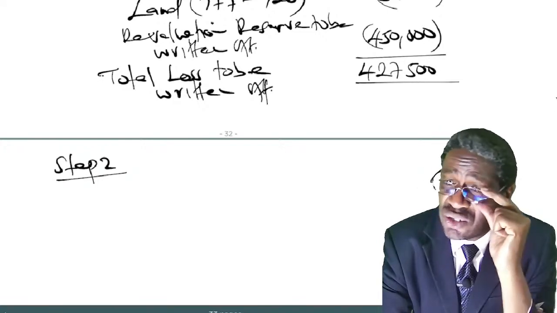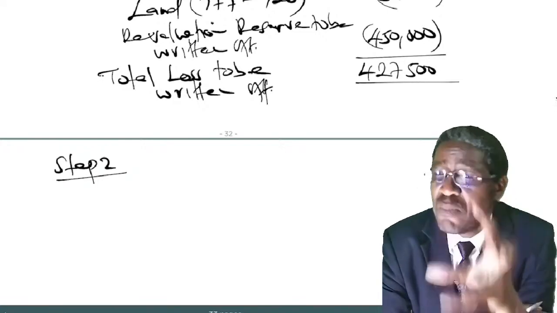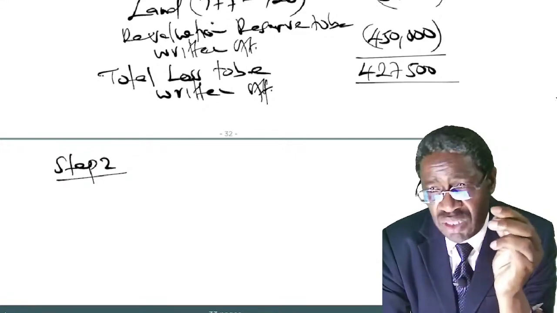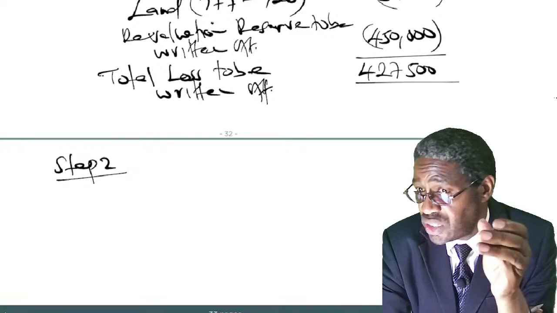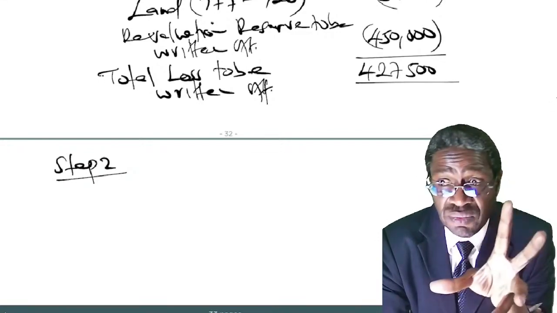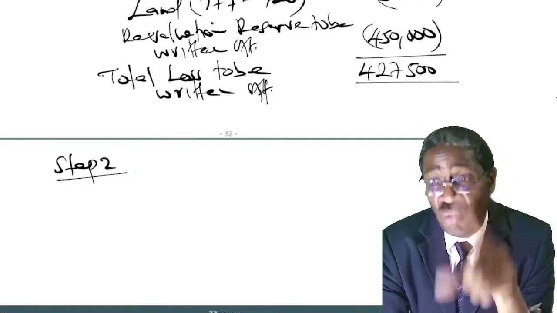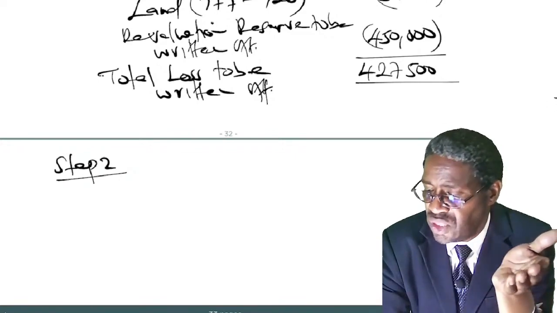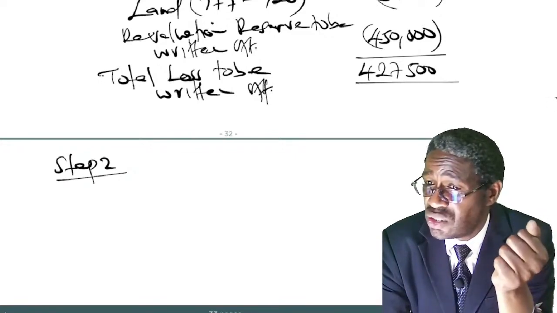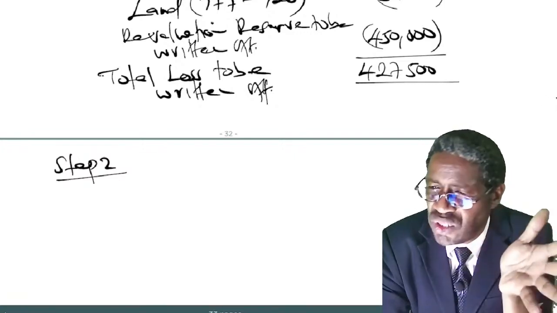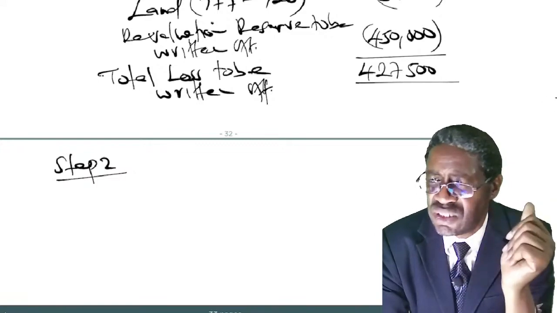Then you can say this, i.e., whether it's the ordinary shareholders, preference shareholders, debenture holders, or creditors.